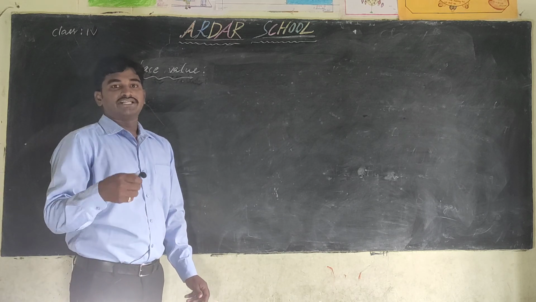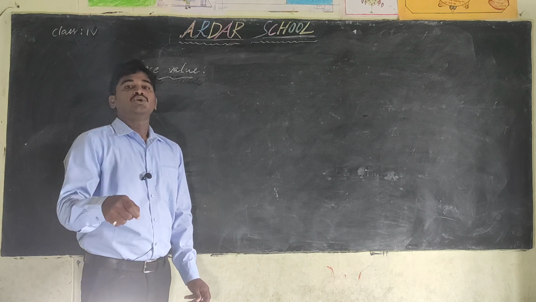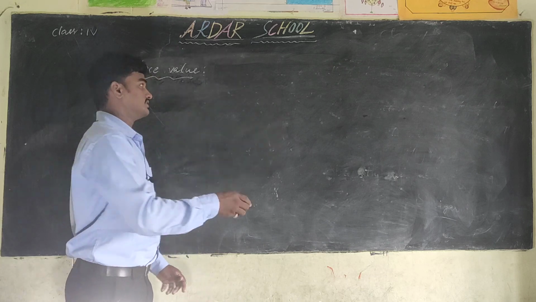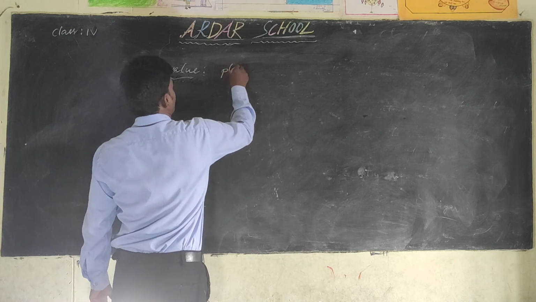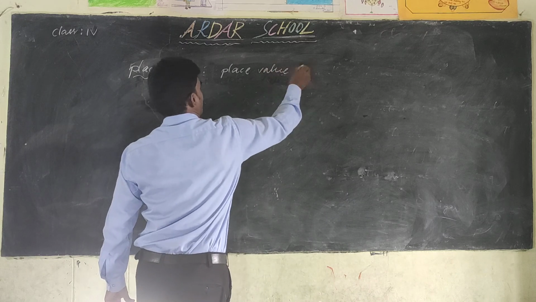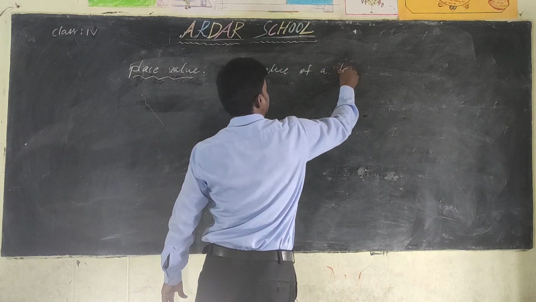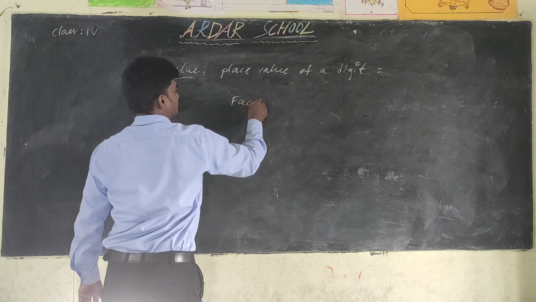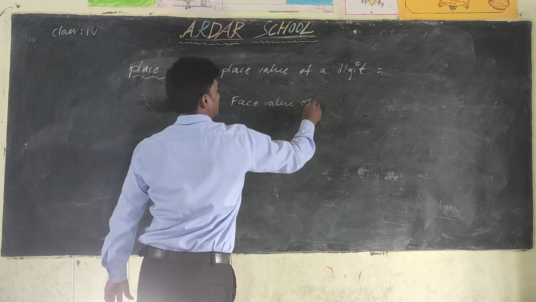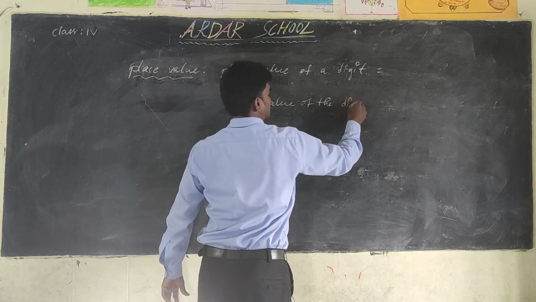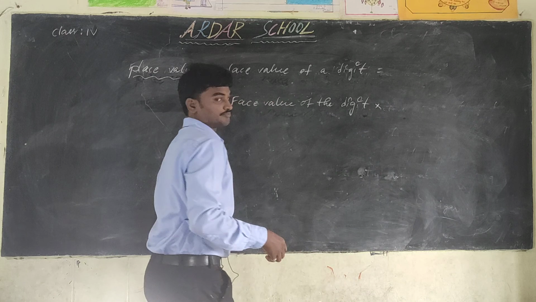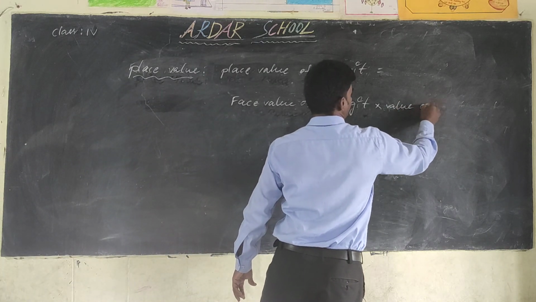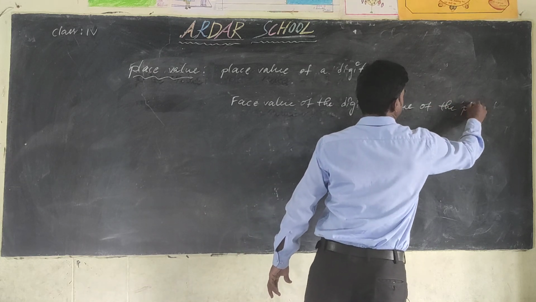The place value of a digit is the face value of the digit into the value of the place.